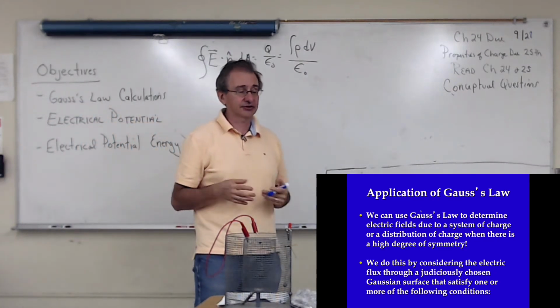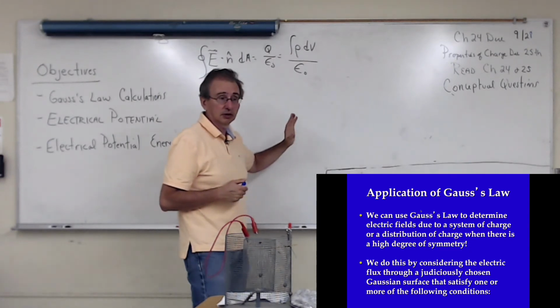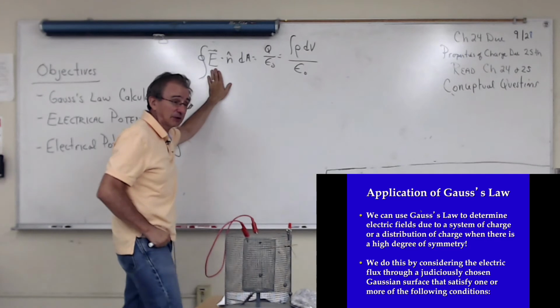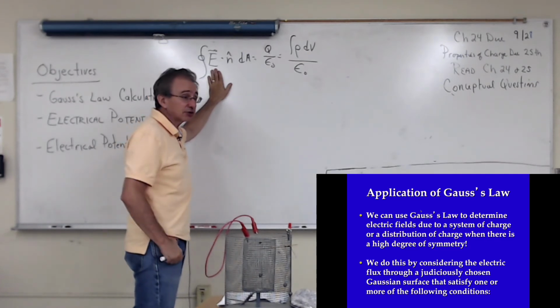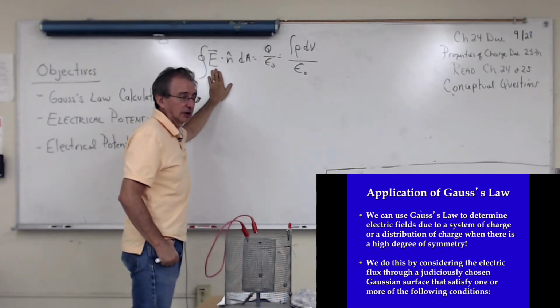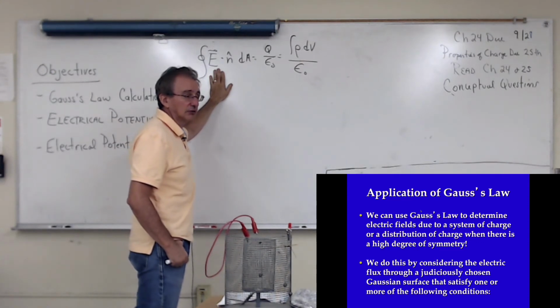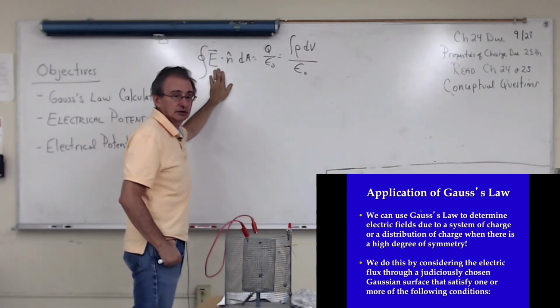Not in every case. I mean, this is always true. In fact, this is true whether or not the electric field is time dependent, and whether the field is uniform or not. However, I can use it to calculate the electric field only in special cases.